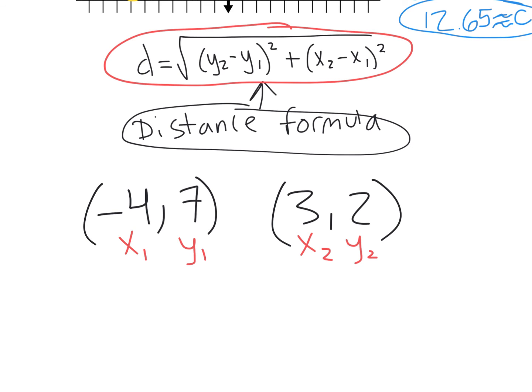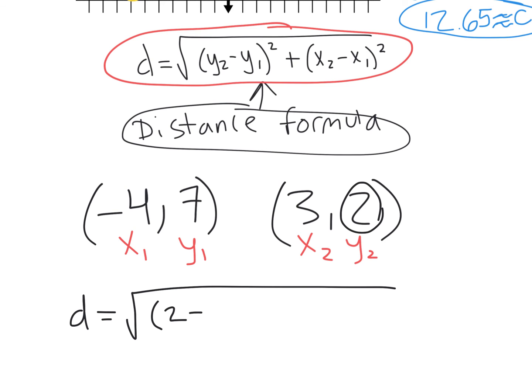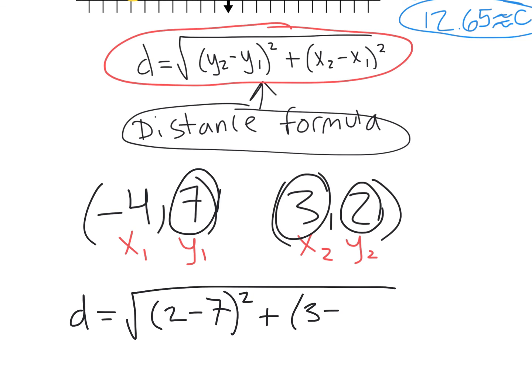So d is equal to the square root of y2, which is 2, minus y1, which is 7, and we're squaring that. And then that's being added to x2, which is 3, minus x1, which is -4.